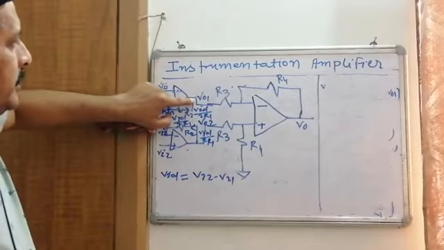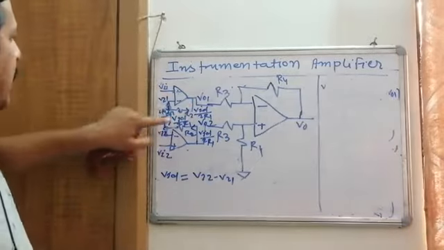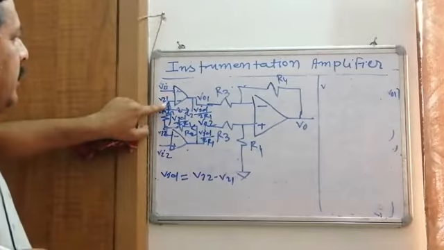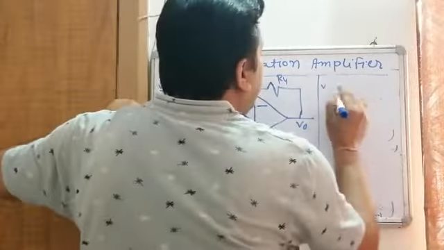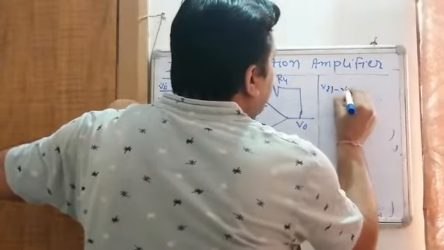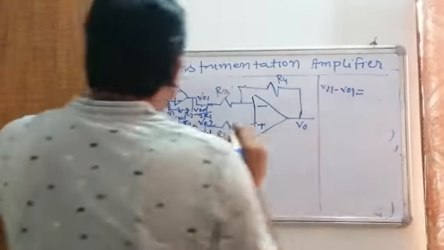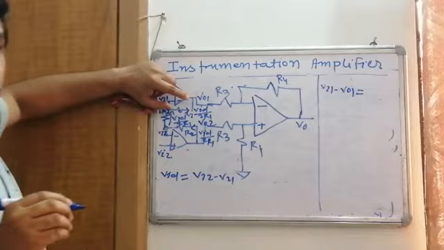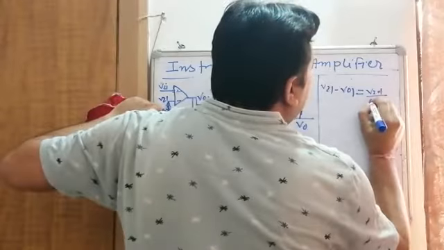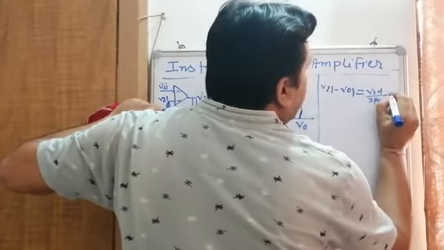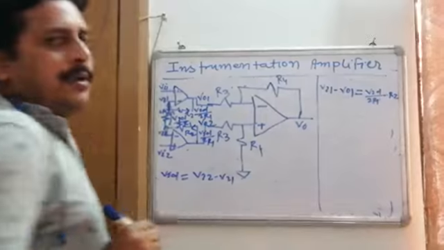So what is the voltage difference across these two resistors? The voltage at this point is V01 and the voltage at this point is VI1. So VI1 minus V01 is equal to current multiplied by resistance R2, and what is the value of current? VID by 2R1 and the resistance value is R2.